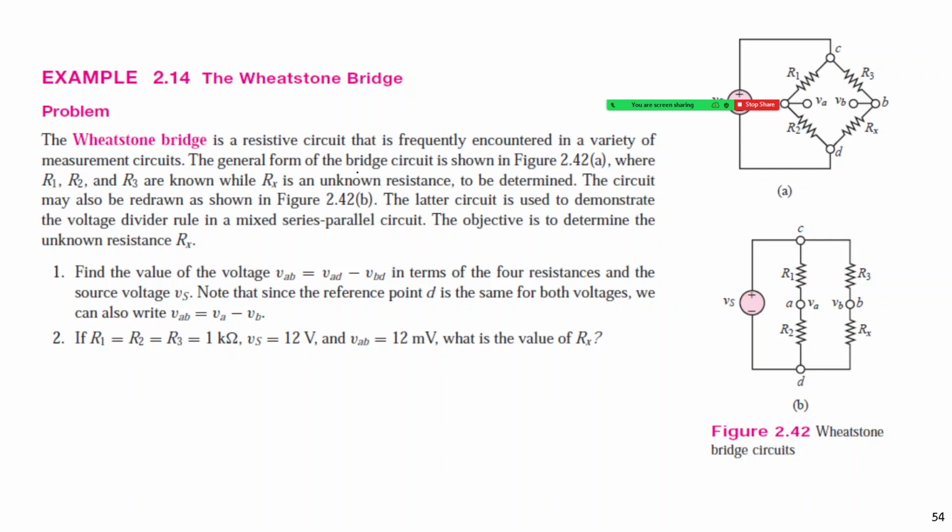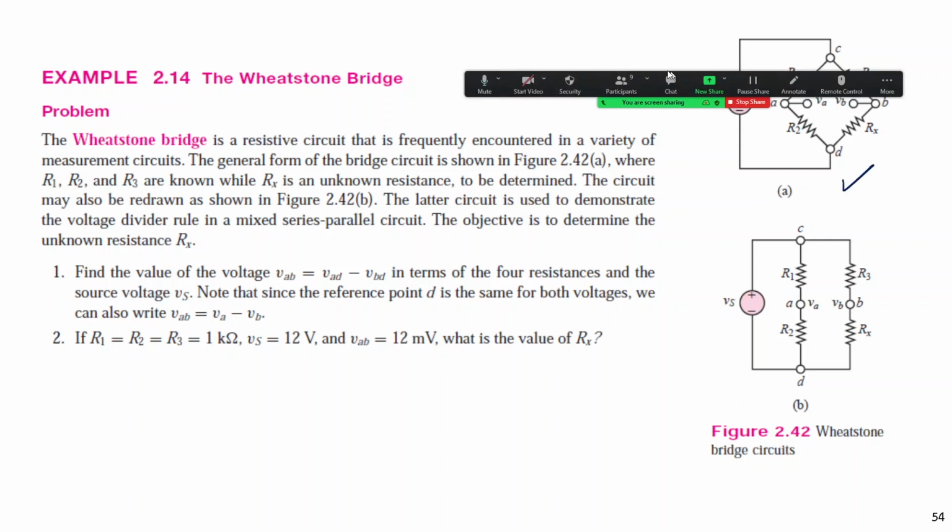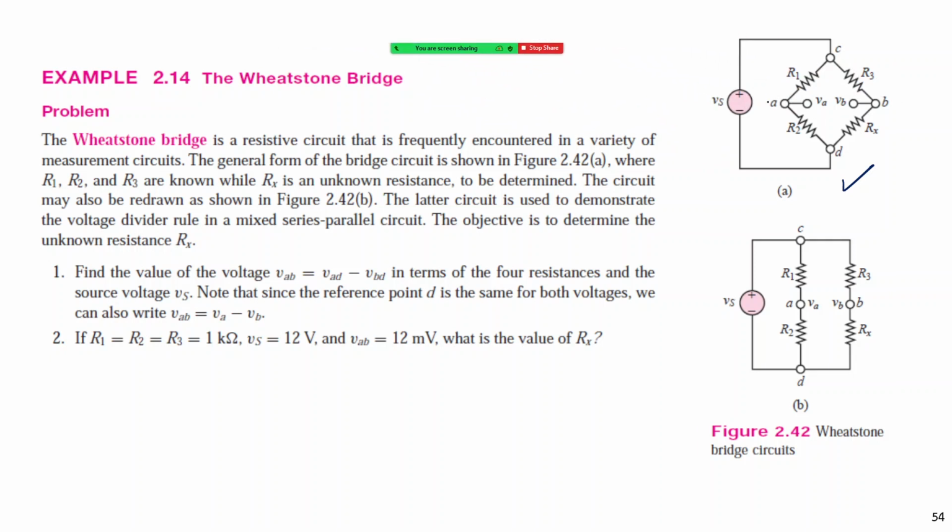In general form, the bridge circuit is shown in this figure. This circuit is called the Wheatstone bridge, right? The voltages are VA and VB. The voltage between them, VAB, can represent the circuit property in this case.